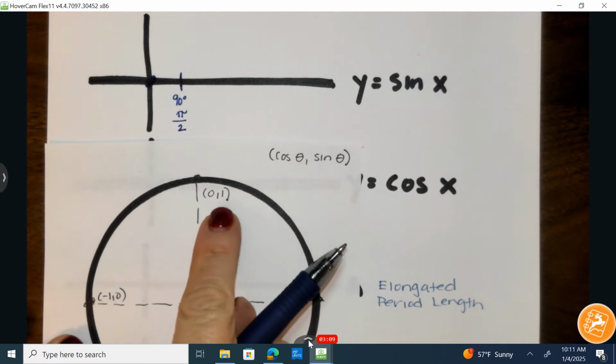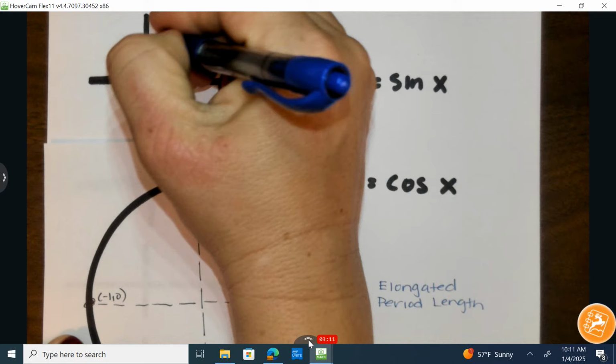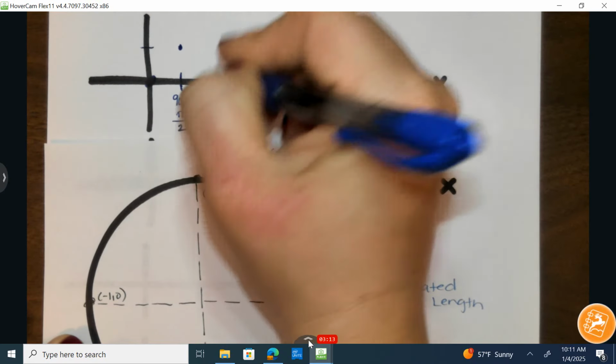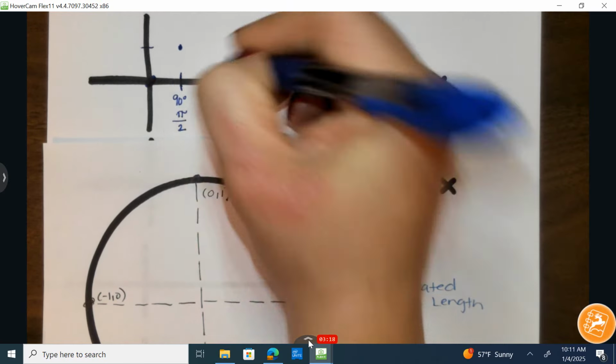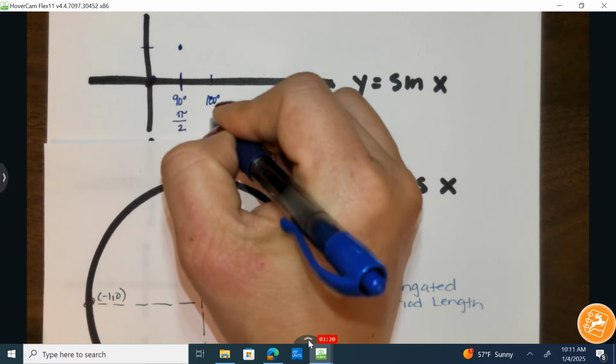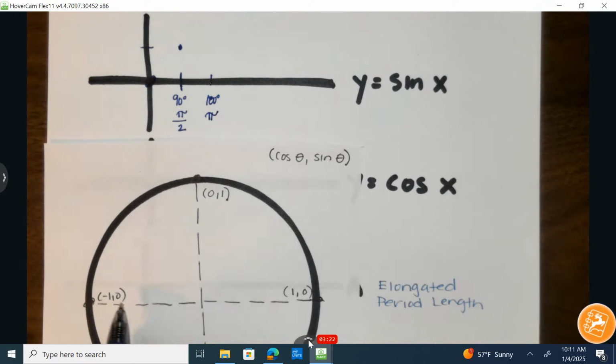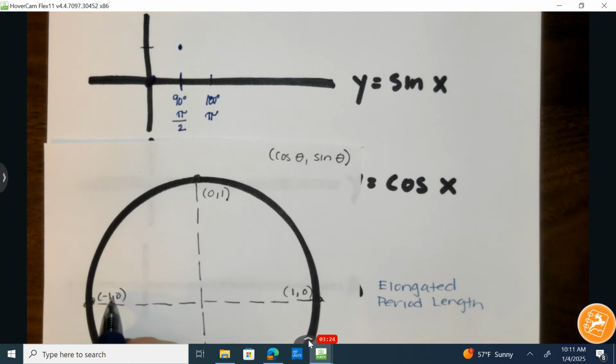Now at this point, the sine value is 1, so I'm going to go up 1. And now I'm going to go to the second sector, which would be 180 degrees, also known as simply pi, and my sine value is 0.